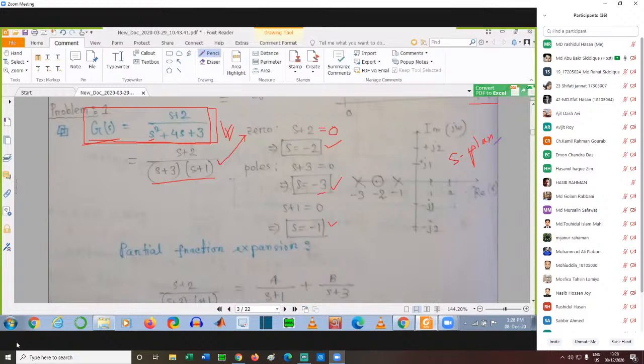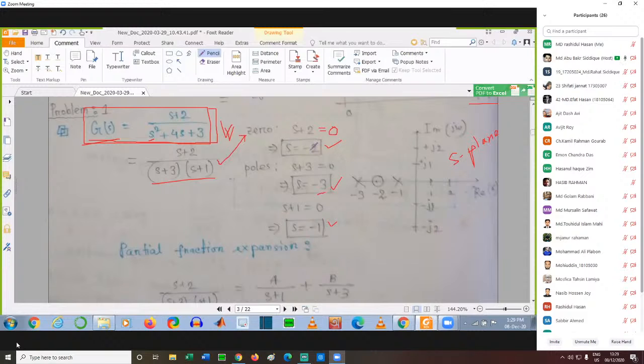That's why it is called S plane. And poles and zeros are nothing but the value of S. On the x-axis we have the real axis, and that is also the S value. And if you look at the y-axis, that is the imaginary or j omega axis, that is also for the S value. So that's why it is called S plane.